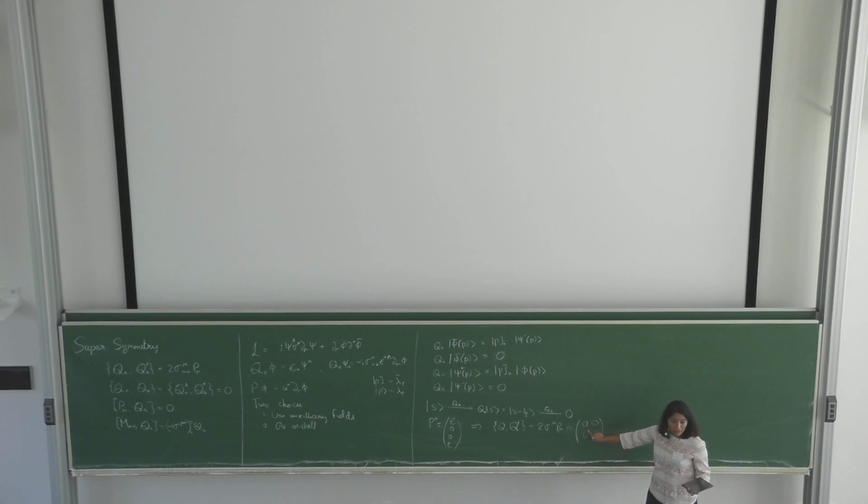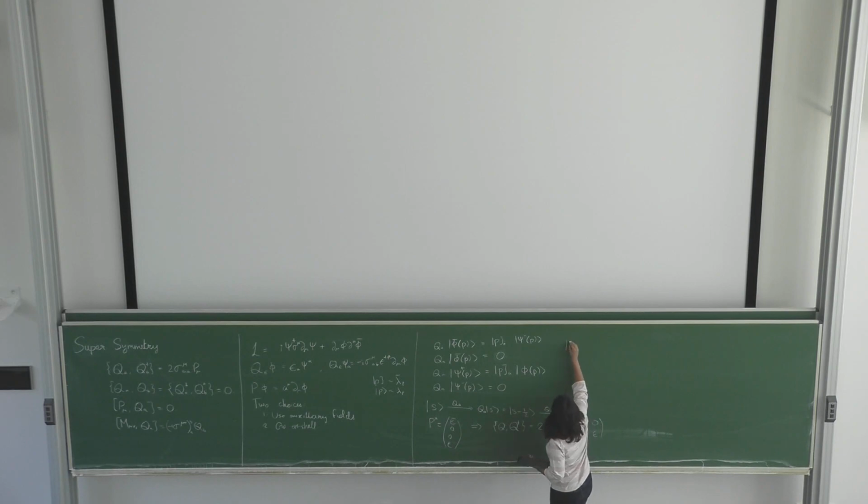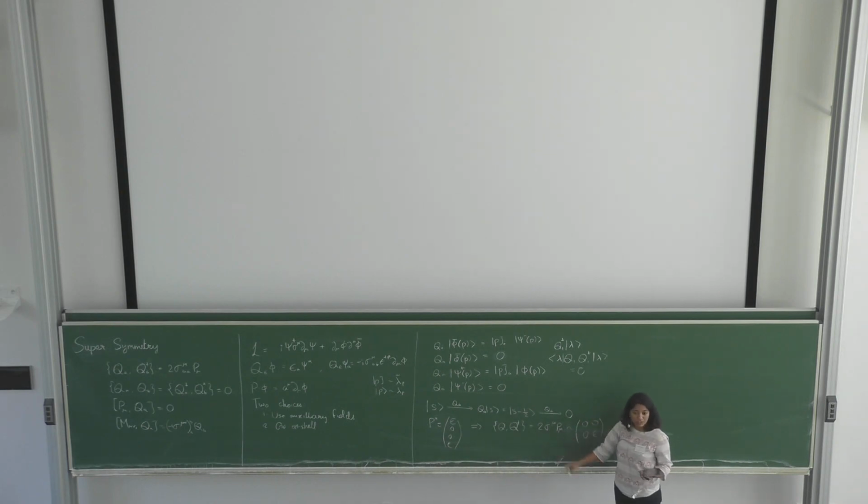Do you see why that's true? It's basically because if you have some state lambda, and you consider this state, the norm of this state would be this, which would vanish based on this anti-commutation relation. As a result, you get non-normalizable states if you act with Q1.